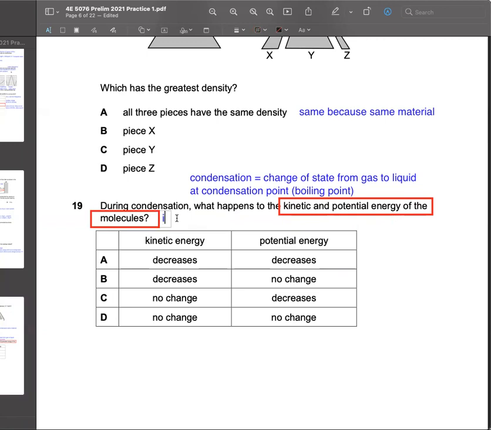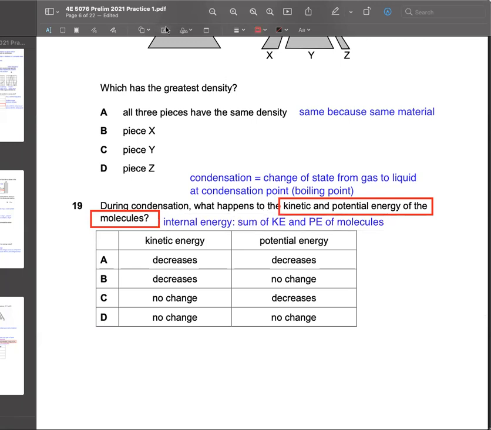Internal energy. So define internal energy. Internal energy is the sum of KE and PE of molecules.